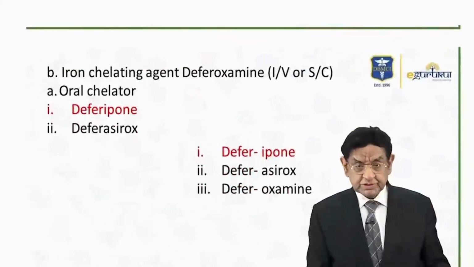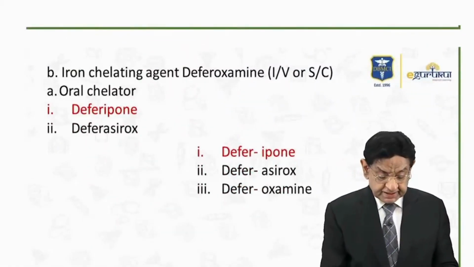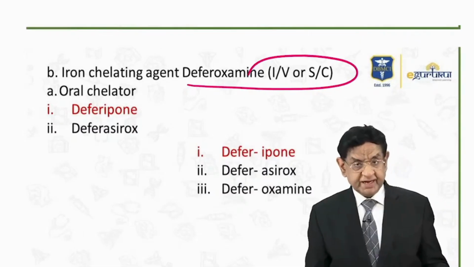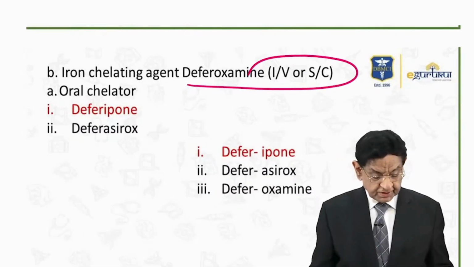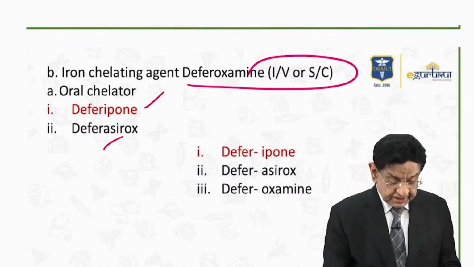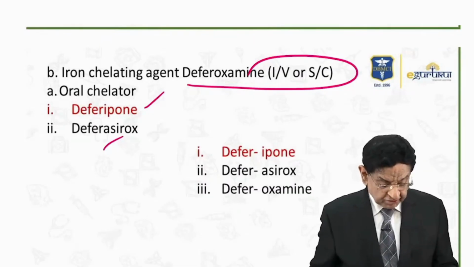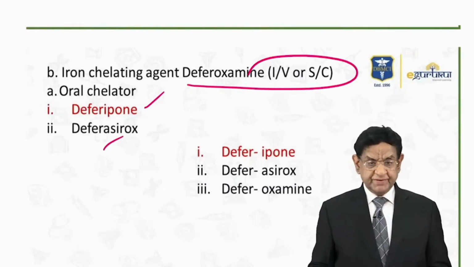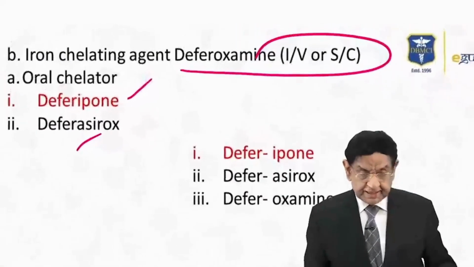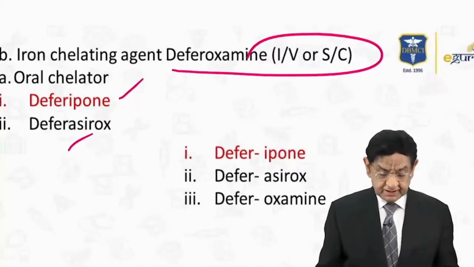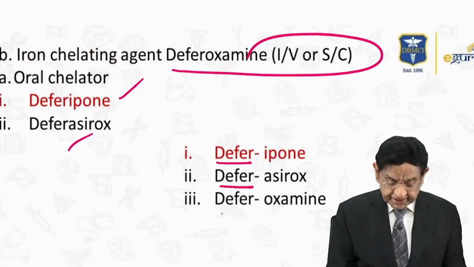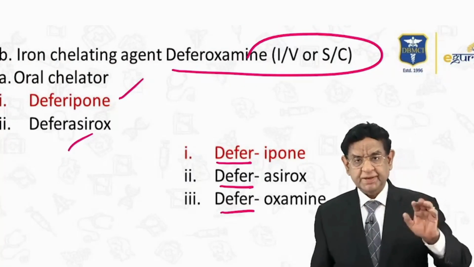We also use iron chelators. Desferrioxamine is parenteral. It can be given IV or subcutaneous. We have oral ones, that is deferiprone and deferasirox. Most difficult names, but don't worry, I'll make it very simple for you. There are three names in front of you. Each one is common with defer.